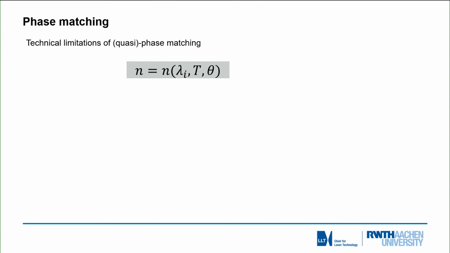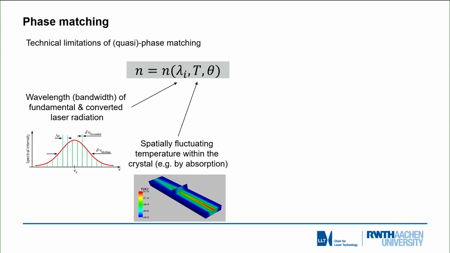Now finally, in reality, the world looks a little more complex, and the index of refraction not only depends on the wavelengths, but it depends also on the temperature and on other issues. So we have fluctuations of temperature in this crystal, which makes life difficult.